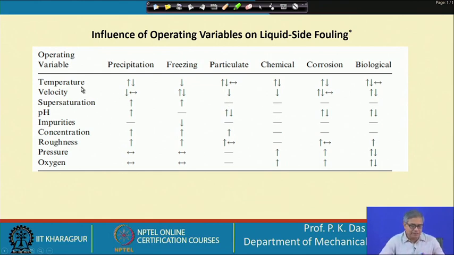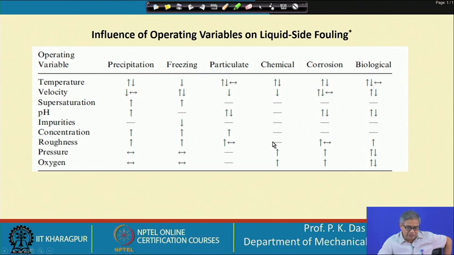So, temperature on precipitation: it may increase, it may decrease. High temperature decreases freezing, obviously. Particulate fouling may increase or decrease; concrete proofs of increase, decrease, and both ways have been observed. I am not going to explain each and everything. This information is available to you.